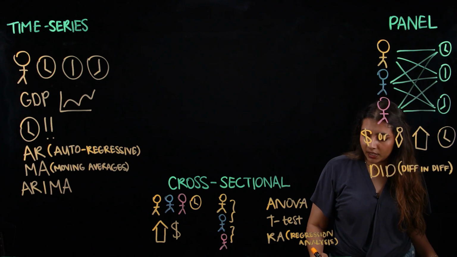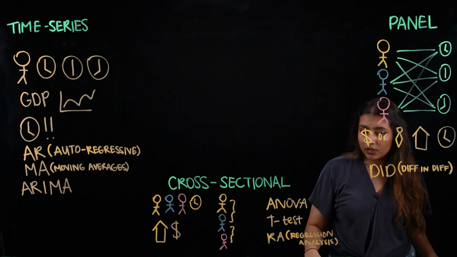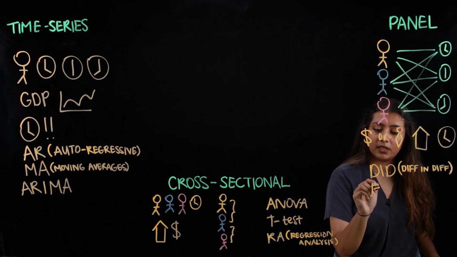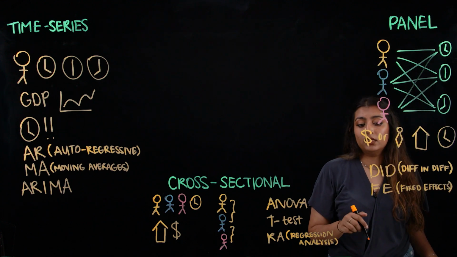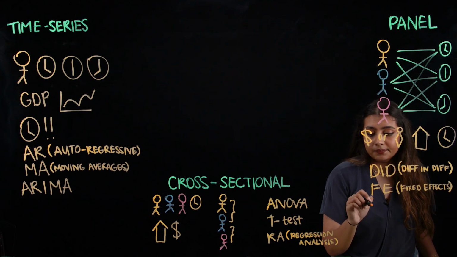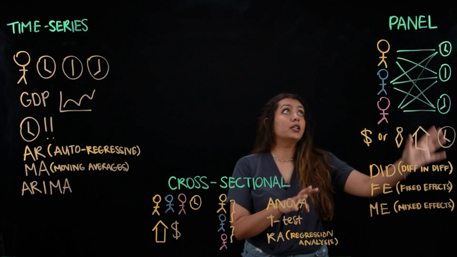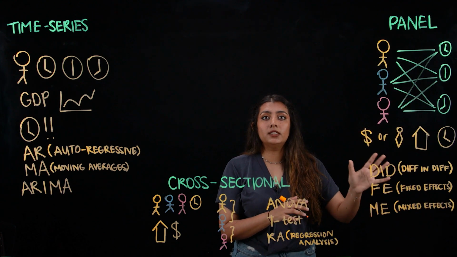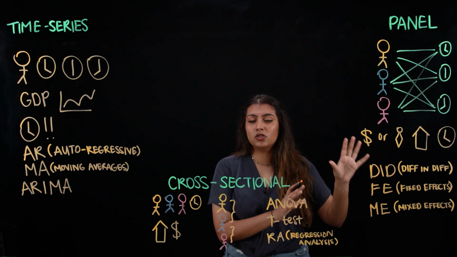We could use something like a fixed effects model, or we could use something like a mixed effects model even. So that's kind of going to be the type of data and analysis techniques we would see for panel structure.